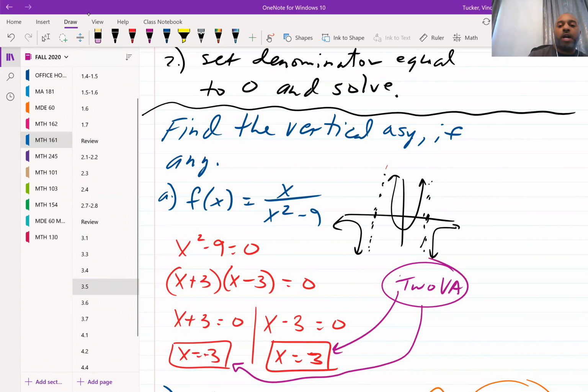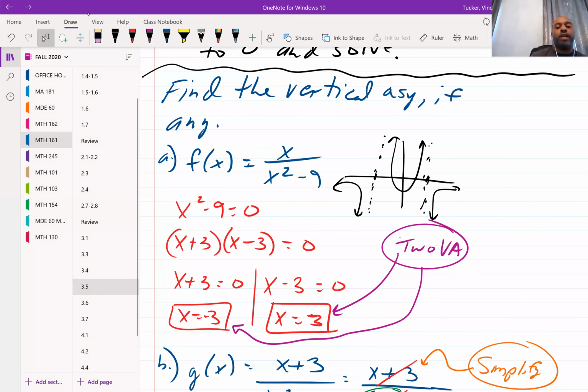And those would be your vertical asymptotes. So you would have two. You have one at x equal to -3 and one at x equal to 3. So your graph would curve according to those vertical asymptotes, and your graph would never cross those lines. All right, any questions on that?